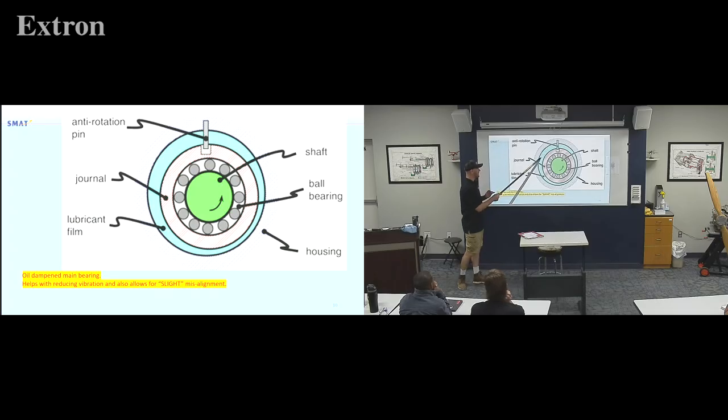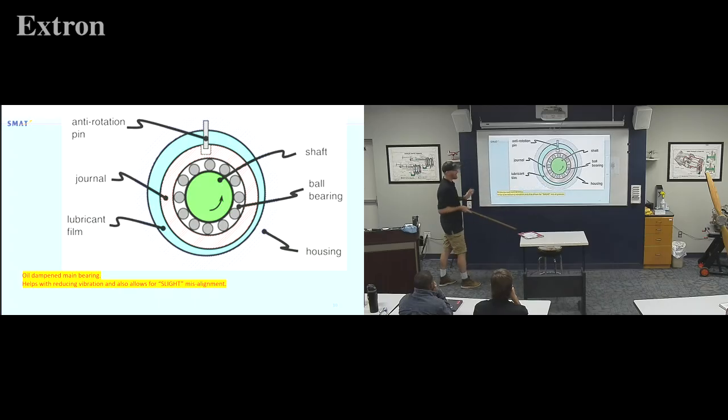So you put oil pressure in here, and as all those things are spinning really fast, this bearing is not designed to hold tremendous loads up, down, or sideways. It's just supposed to kind of hold them in the vicinity of that area.